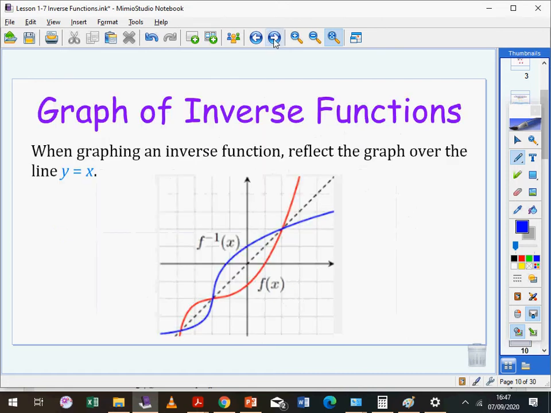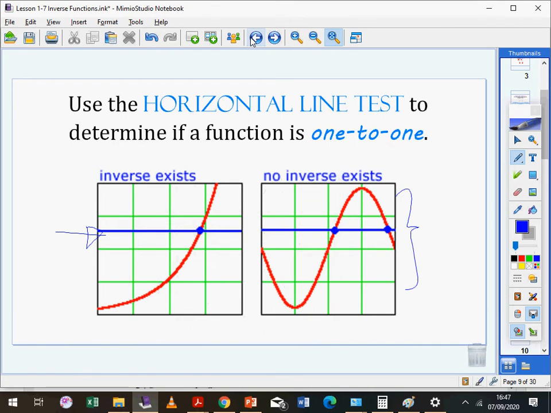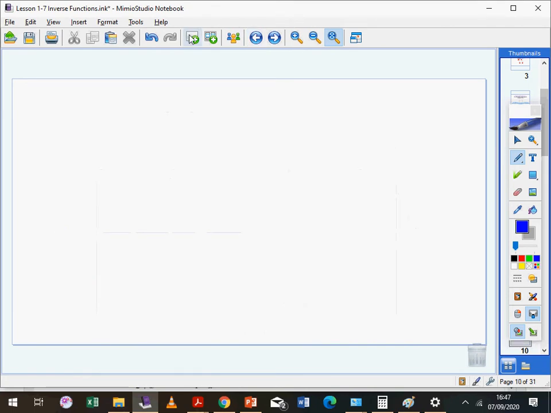Now you might be wondering why is that the case? Let's think of it like this. If I have a function y is equal to x squared, and I asked you to find the inverse of that function, you would say, well, this is easy. The inverse, the function that would do the opposite of this one, would be the square root of x, right?